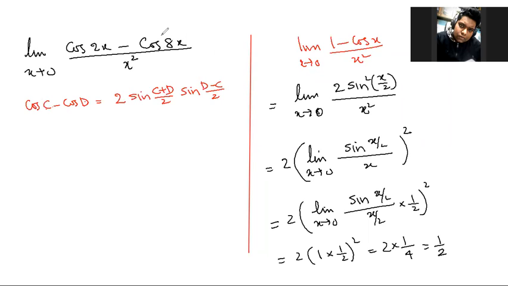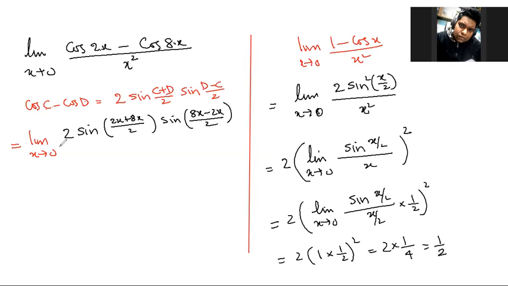So if you apply that formula, what will be my answer for this? Limit x tending to 0. It becomes 2 sine of (2x plus 8x) by 2, into sine of (8x minus 2x) by 2, divided by x square.